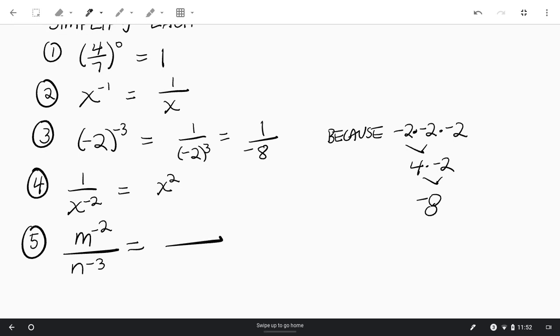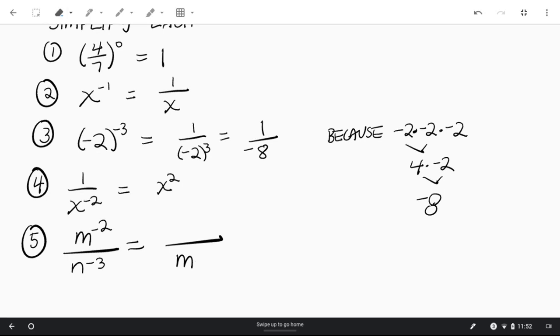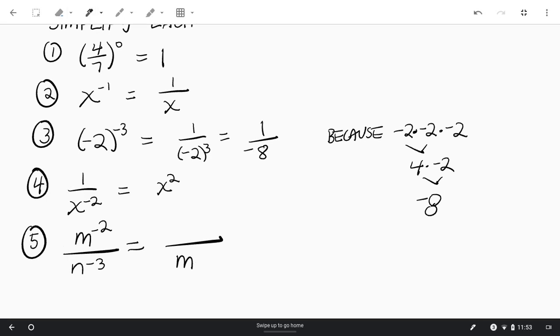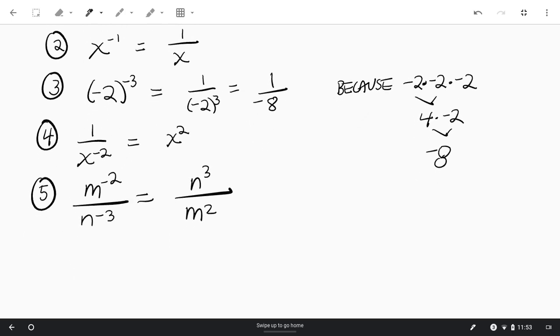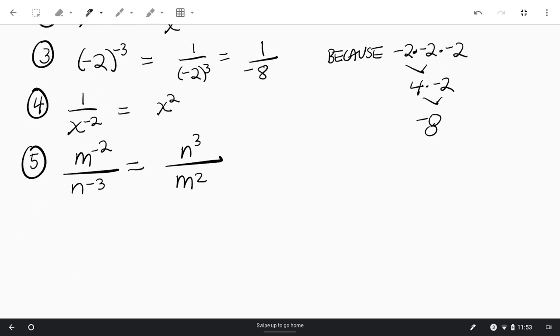So the m has a negative exponent, so it will go to the bottom. That's a little messy. Let's go back. And then the letter n on the bottom has a negative exponent, so it will need to move up here. So if they have negative exponents, then they will essentially move.